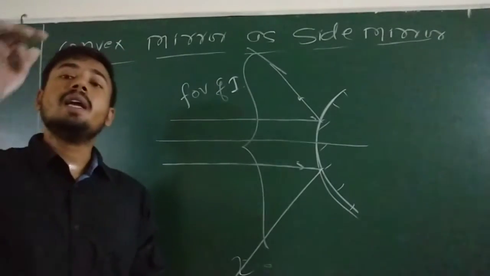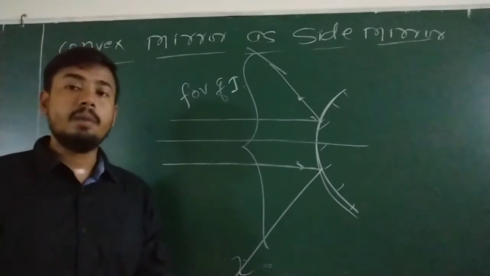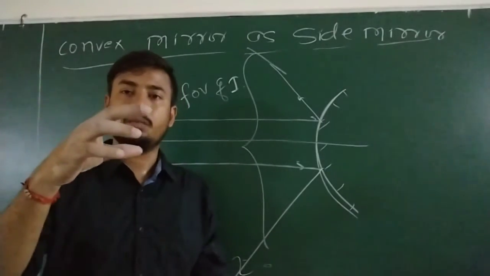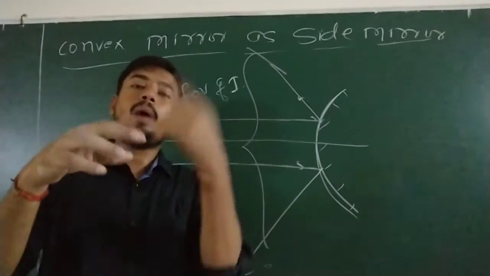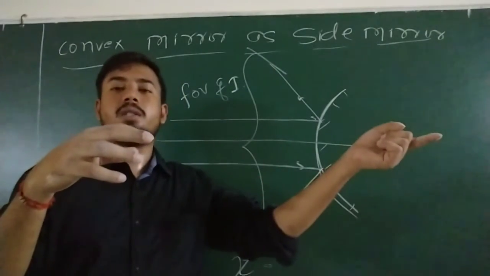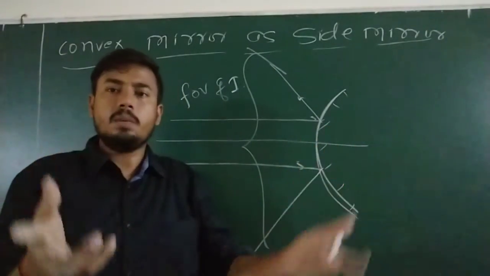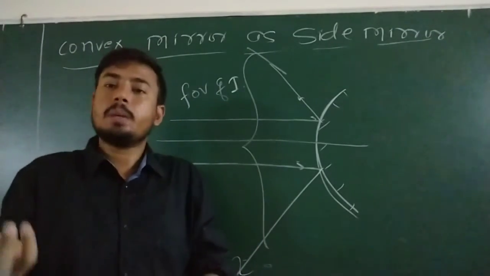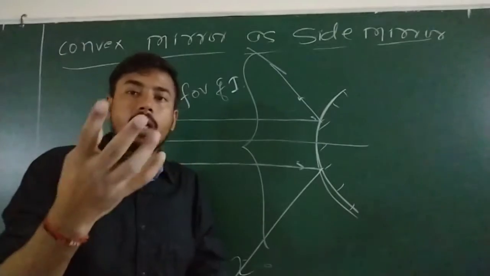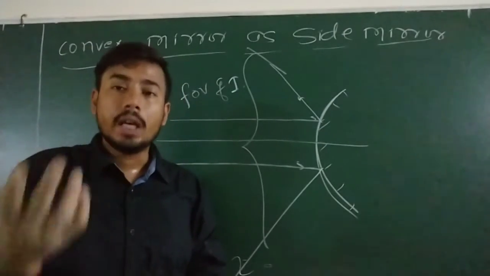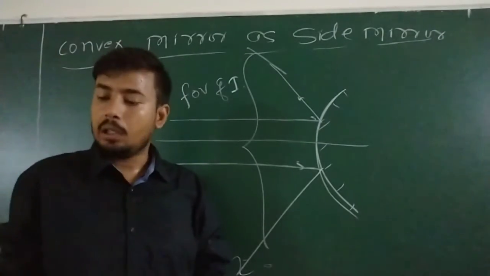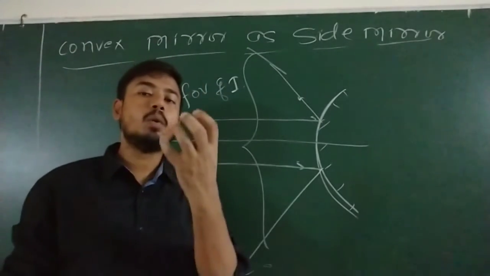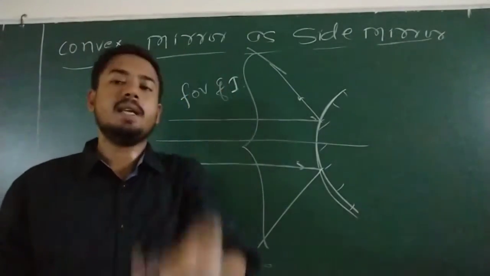Second, it makes an erect image. Right? Erect image means suppose that one vehicle is coming from the back side. Its front part will appear in front in the image of the side mirror. So no need to manipulate. If suppose there is a concave mirror, what will the image be? Inverted. It means the lower part will be up and the upper part will be lower. So then people have to apply manipulation.